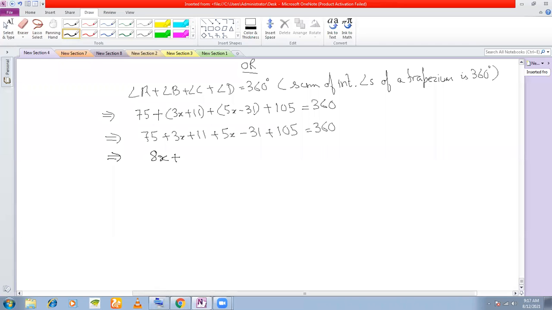Now add up the positive numbers. 75 plus 11 is 86, and 86 plus 105 is 191. Yes, 191 is equal to 360. That means you get 8x is equal to 360 minus 191.